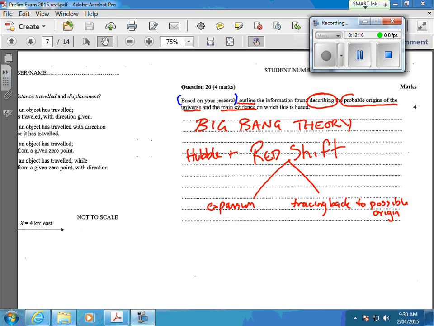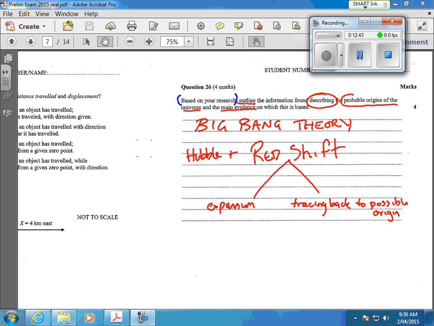And then if you trace it backwards, you come down to a region which looks like a centrality. And you can pick any set of evidence you want. As long as you name it and talk about it a bit, you're going to gather marks. That's 1, 2, 3. You'd need another thing. What is that? Oh, cosmic background radiation would be one of them.